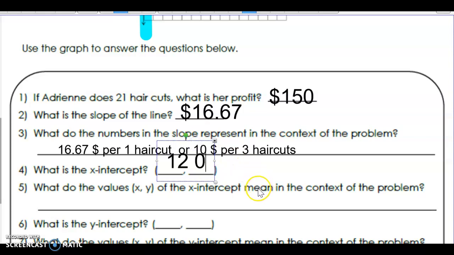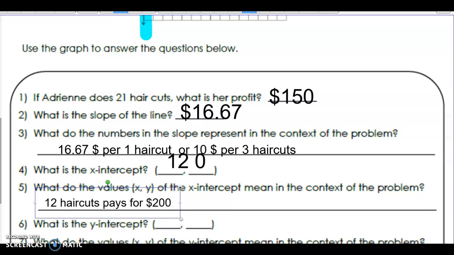Okay, the x and y values of the x-intercept in the context, what they mean is that in 12 haircuts, 12 haircuts pays for the $200 that she started with.